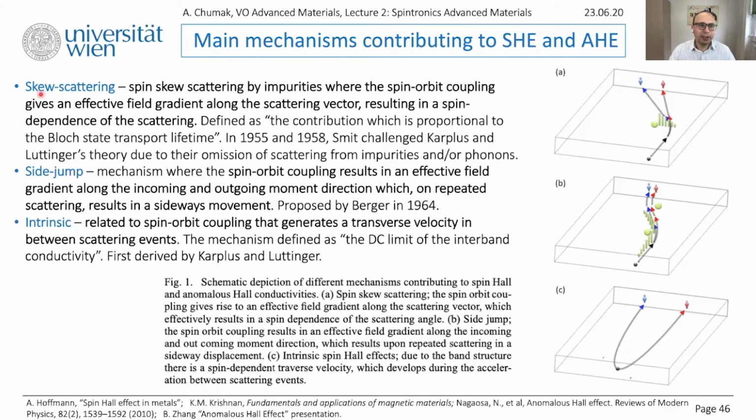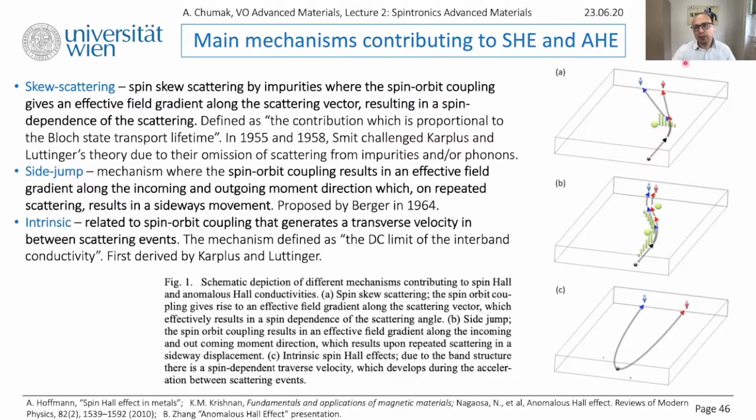The first one is named skew scattering. Scattering means that we are discussing here a scattering of electrons on impurities. In the case of presence of large spin orbit coupling in this impurity, you can speak about some effective field gradient in this direction transverse to the electric current.